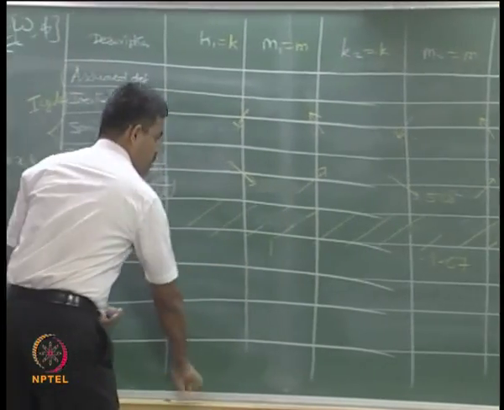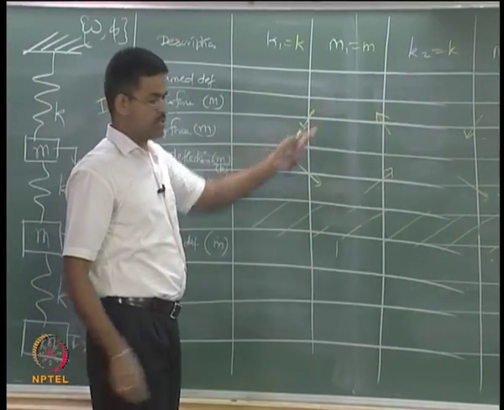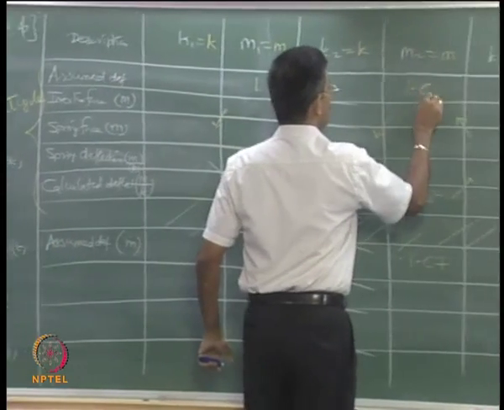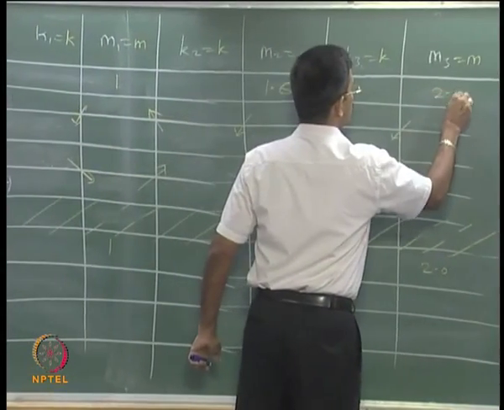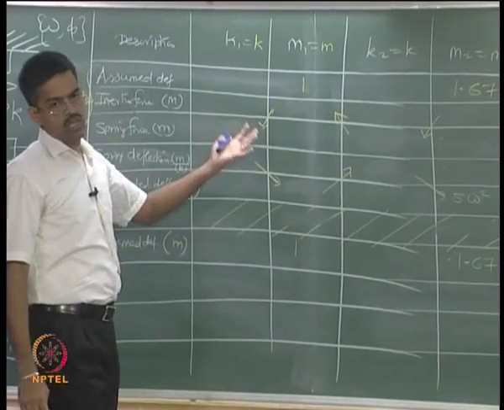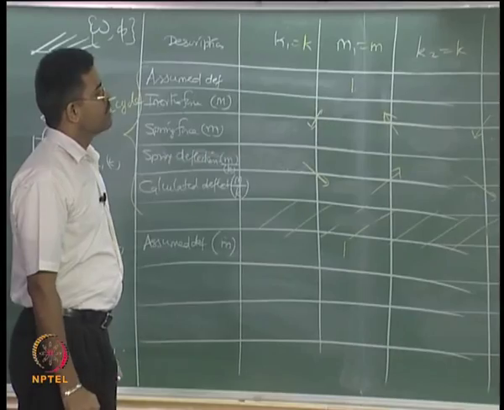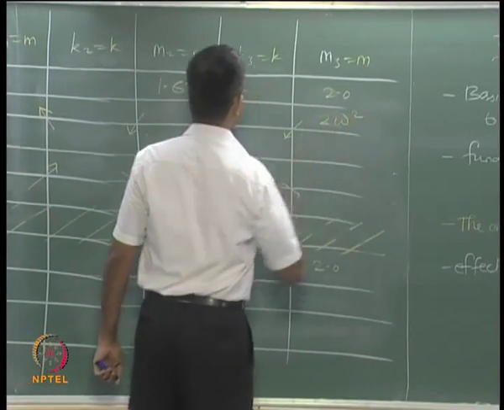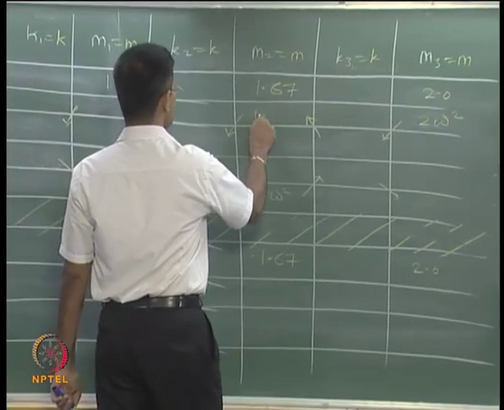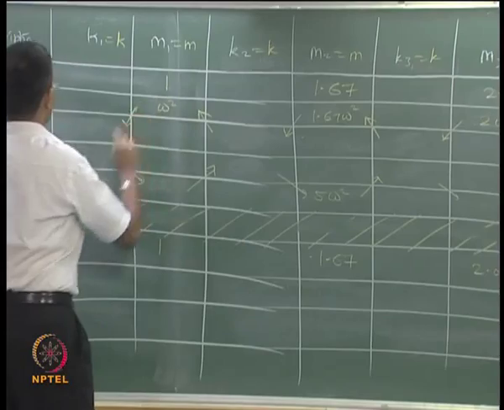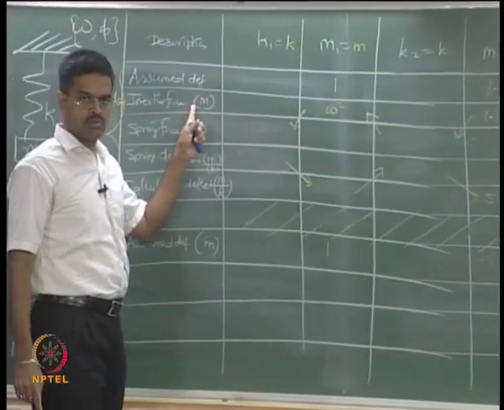So I am just rewriting these values back here for my calculation. I am writing this as assumed deflection 1, 1.67 and 2.0. Since there is no space, I am doing it on the top here. So this becomes 2 omega square, this becomes 1.67 omega square, this becomes simply omega square with an m multiplier out.